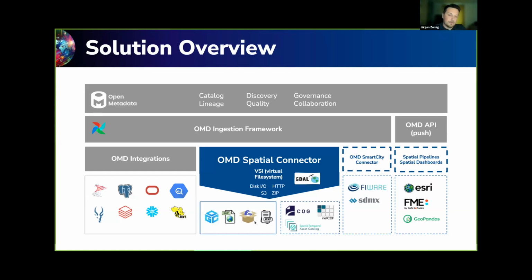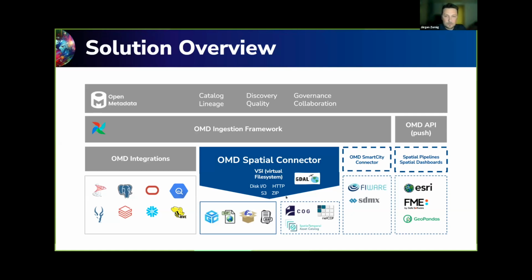What we are still working on right now are raster formats like Cloud Optimized GeoTIFF and NetCDF. And you can also access this data directly, not only on your local file system, but also on any web-based resource like S3 or HTTP. It really doesn't matter.